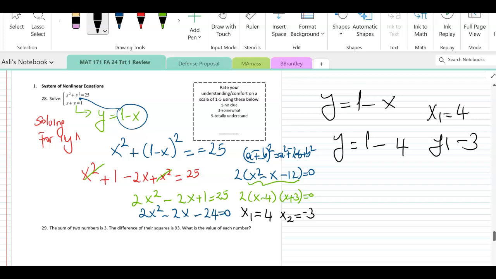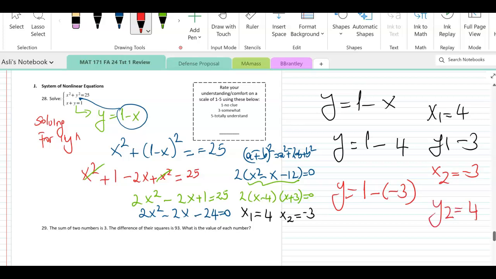And the other y value will be equal to 1 minus -3 when x is equal to -3. So that y value will be 1 plus 3, that is 4. So then the solutions will be (4, -3) and (-3, 4). Okay. That was solving non-linear systems.